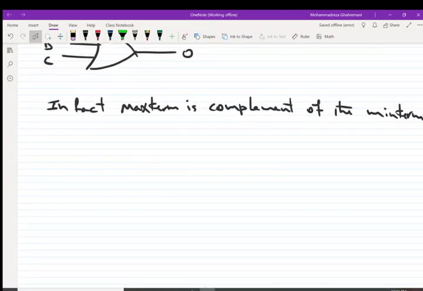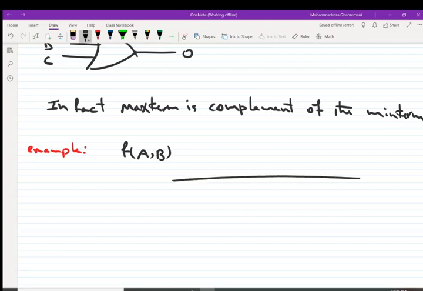Okay, so let's see one example. We have this function f of A, B, and we want to write Minterms and Maxterms.